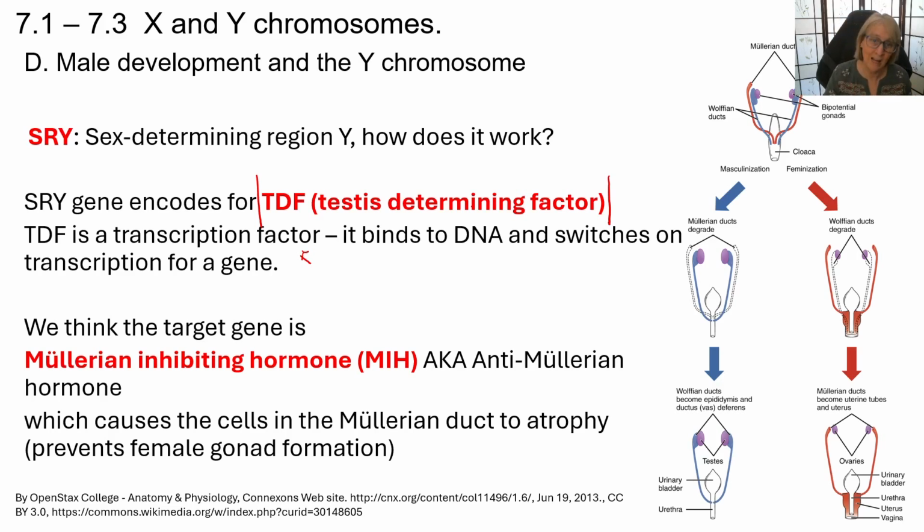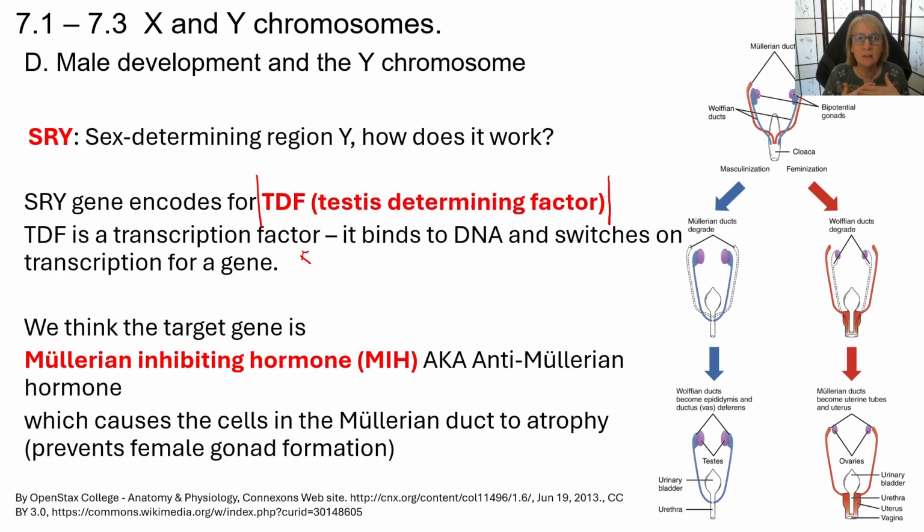I'm going to say it again, but in a slightly different way. If you have SRY, you make a protein that allows the transcription of a gene that prevents female development. This gene, we think, and we don't know, and I did try to find, this is taken from some of the papers on it, we think the targeted gene is Mullerian inhibiting hormone. Mullerian inhibiting hormone prevents the development of the Mullerian duct.